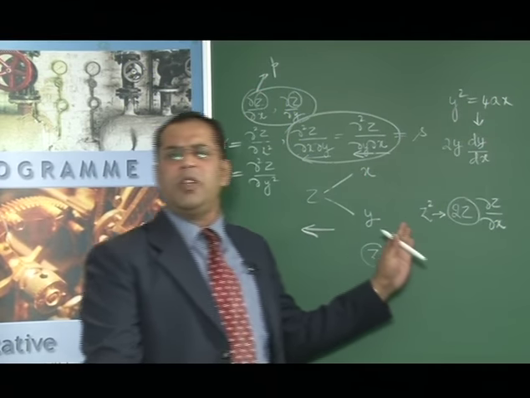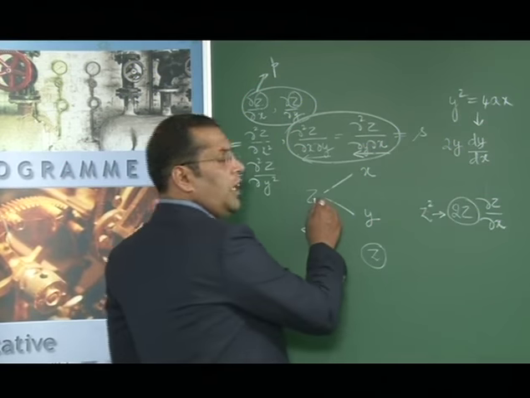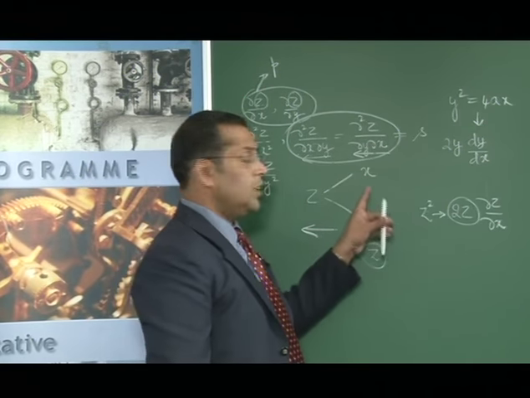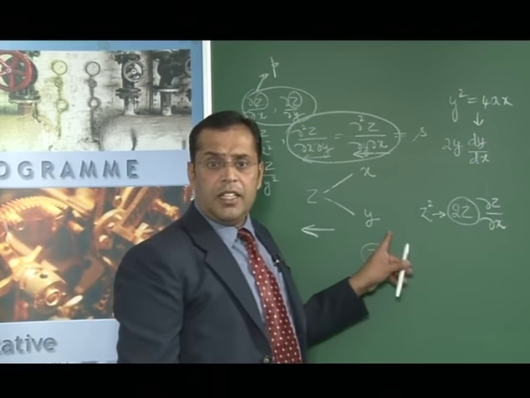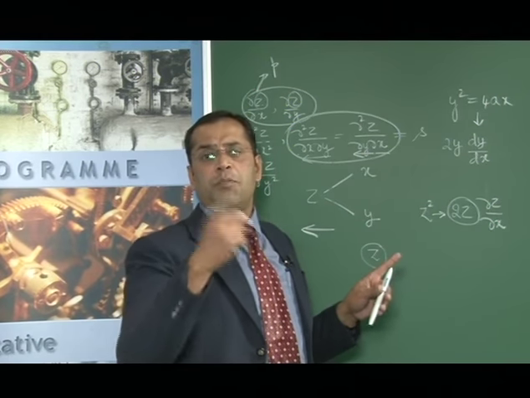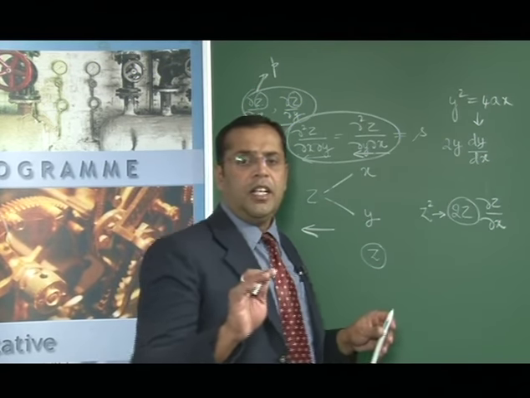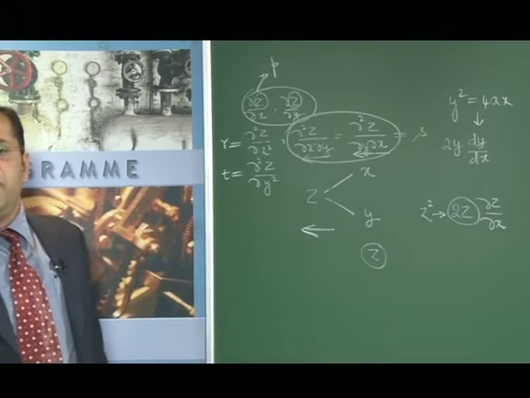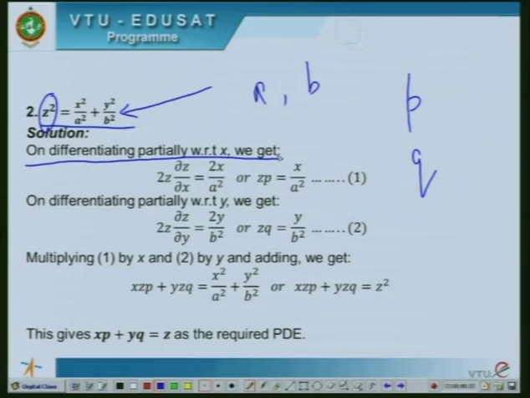The same thing is true even here, because z is a dependent variable depending on the variables x and y. As and when you differentiate z, it should be followed by the corresponding partial derivatives. That is to say, if you differentiate with respect to x, you write dou z by dou x, and if you differentiate with respect to y, you write dou z by dou y.